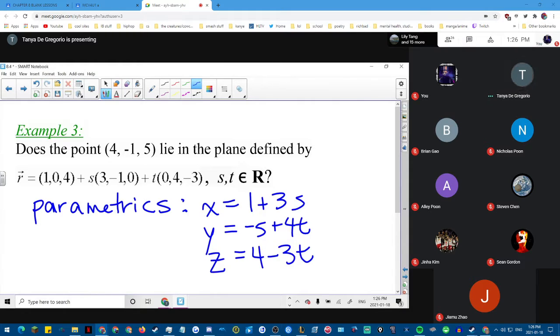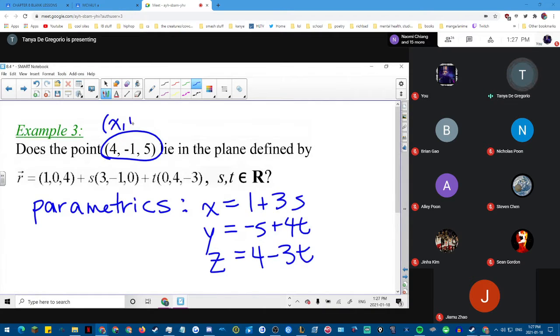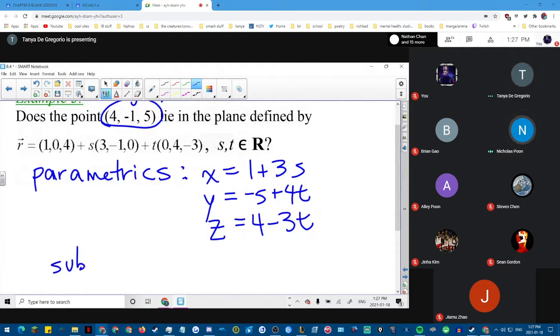And now what do I do? So I got my parametric equations. I want to check if this point lies on this line. So this point is what? It's an X, a Y, and a Z. So what should I do next? Solve for s and t. Yeah, we're going to sub it in.